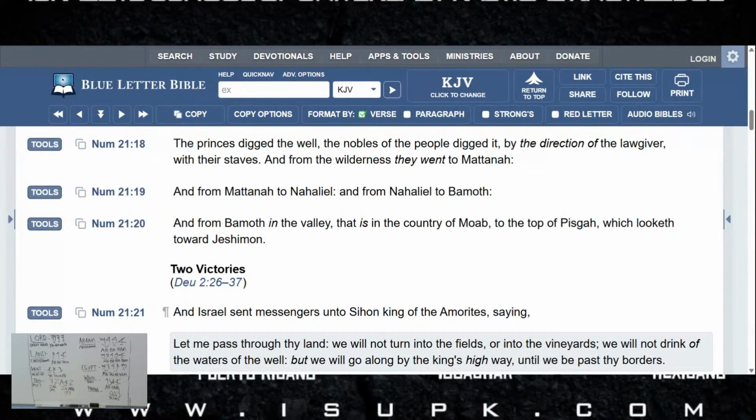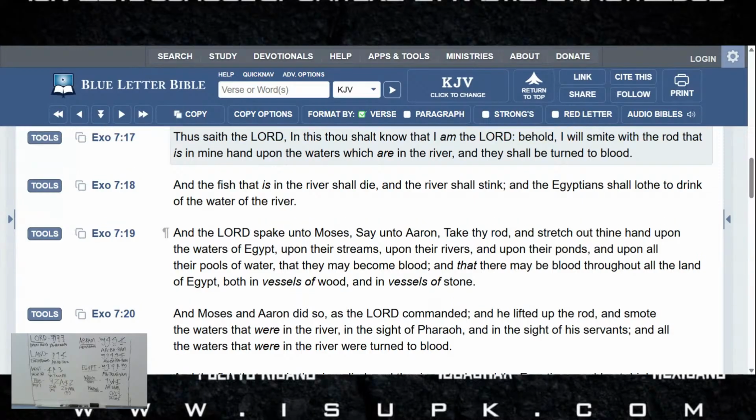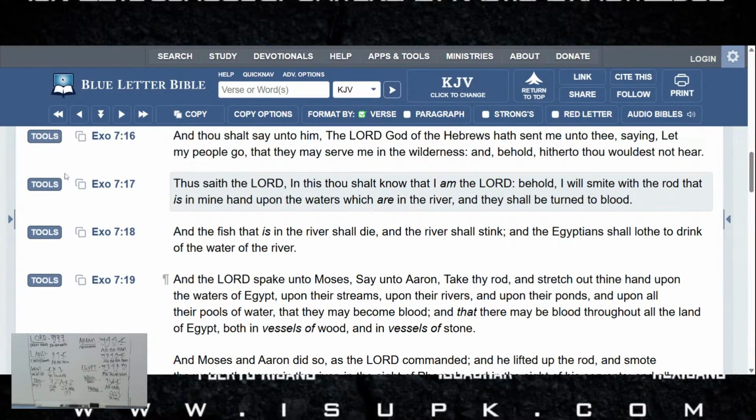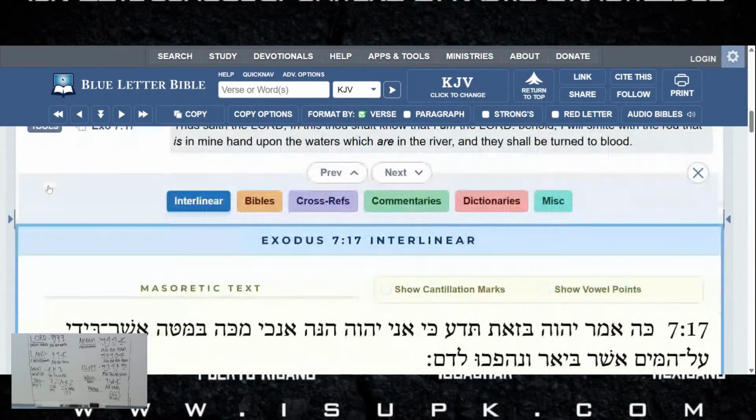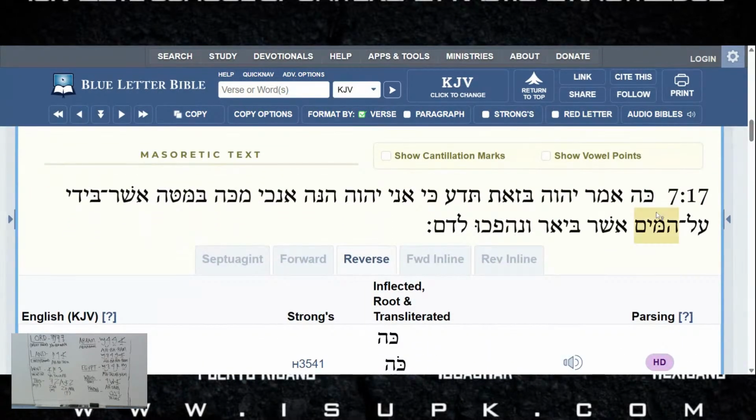It is Exodus 7 and 17. Let's see where we at. I'll read this one again, and then we'll call back on Quatazah in a second. So this is Exodus 7 and 17.